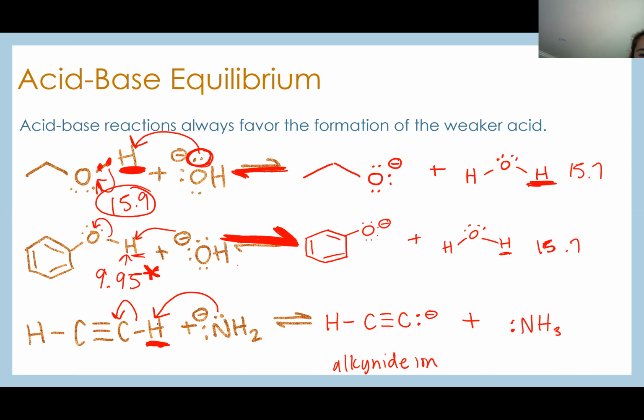What is the pKa of an alkyne? 25. There you go. Good job. What's the pKa of ammonia, which is our conjugate acid over here? So we had our base and it makes the conjugate acid. So we need to know the pKa of this guy. 38.